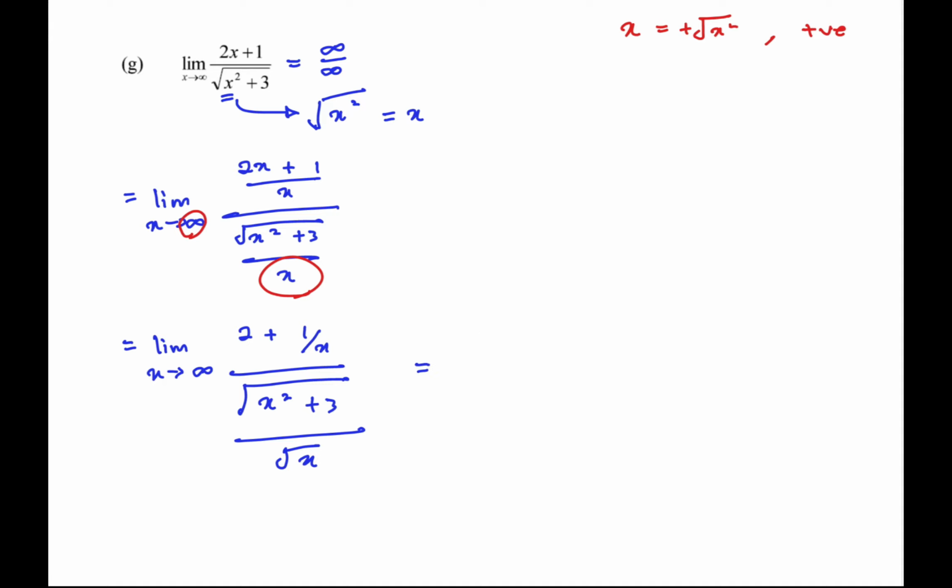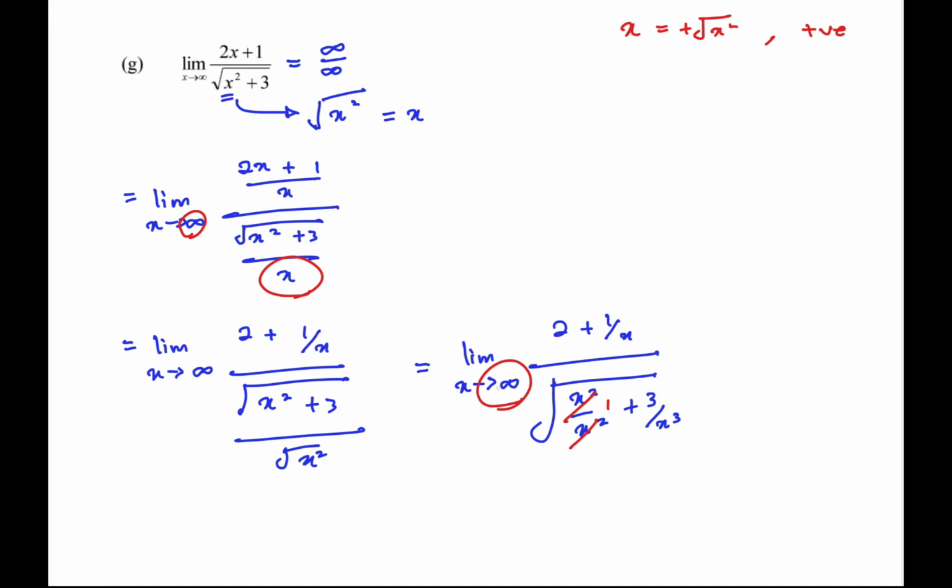Solve this one, you can get the limit as x approaches infinity of (2 plus 1 over x) divided by the square root of x squared over x squared plus 3 over x squared, and then simplify this one, you can get 1, and then substitute infinity here, so this one you can get 0, this one you can get 0.